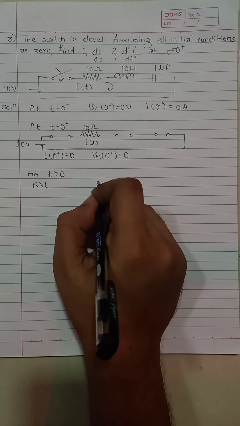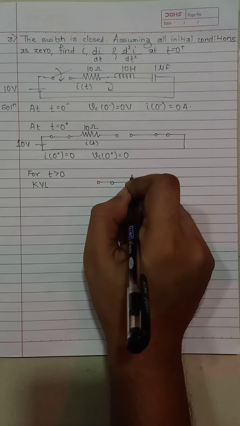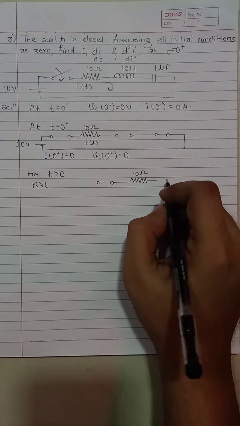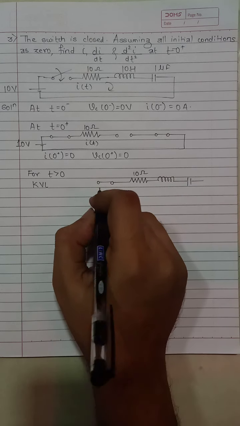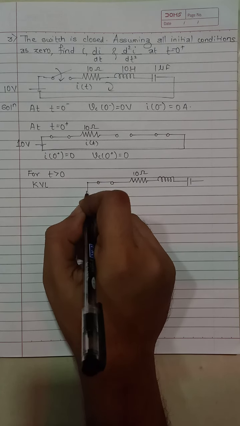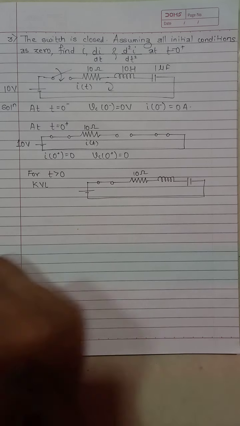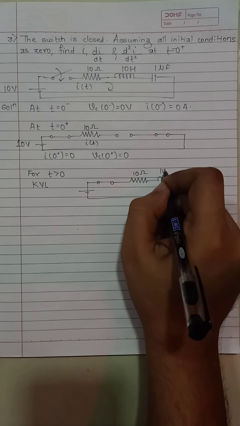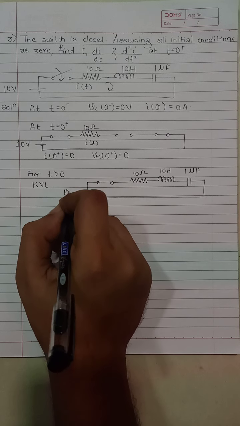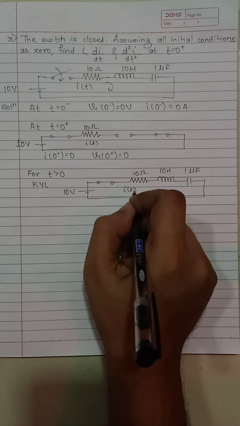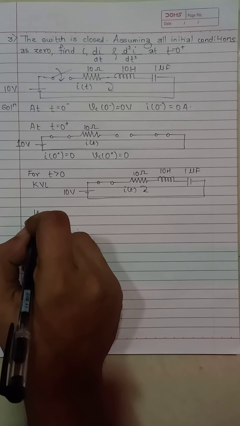The circuit for t greater than 0 will be 10 ohms, inductor as it is, capacitor as it is, and the supply voltage as it is: 10 Henry, 1 microfarad, 10 volts, I of t.